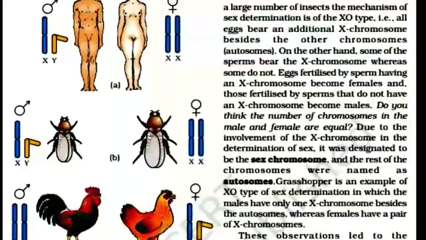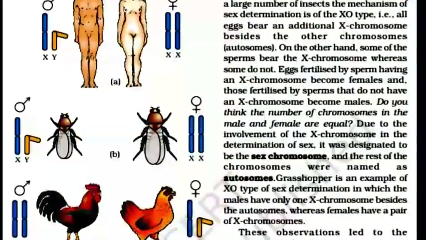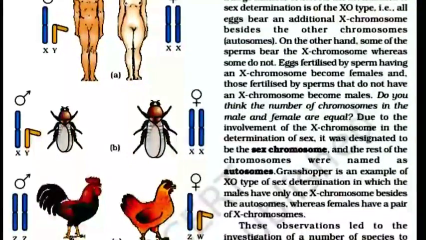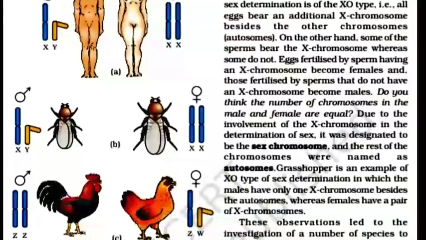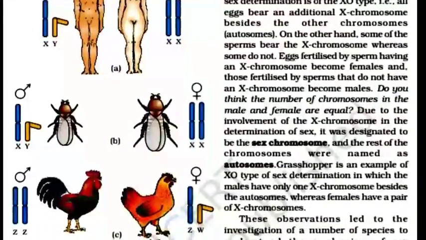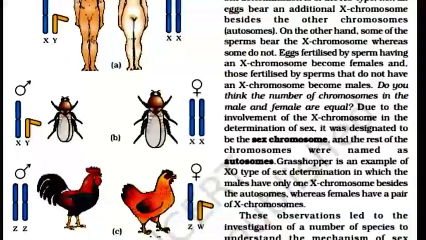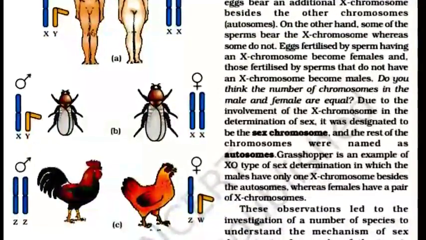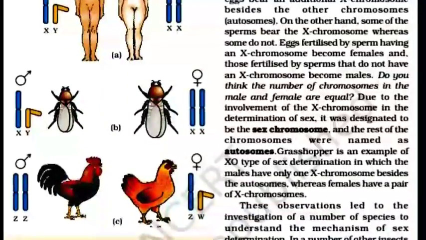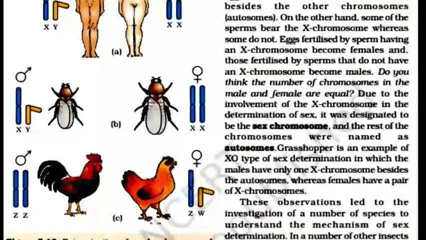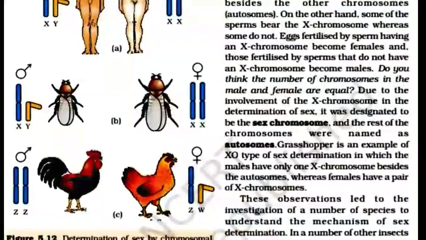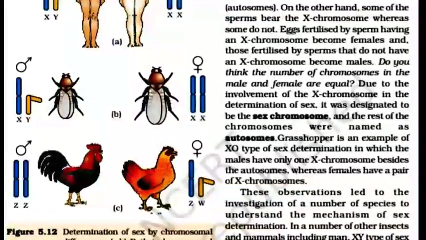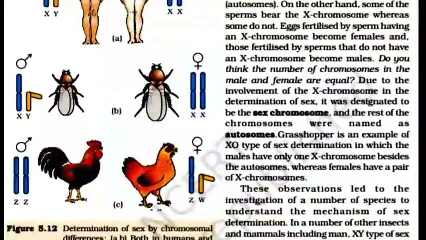On the other hand, some of the sperm bear the X chromosome, whereas some do not. Eggs fertilized by sperm having an X chromosome become female, and those fertilized by sperm that do not have an X chromosome become male. Do you think the number of chromosomes in the male and female are equal? Due to the involvement of the X chromosome in the determination of sex, it was designated the sex chromosome, and the rest of the chromosomes were named autosomes.